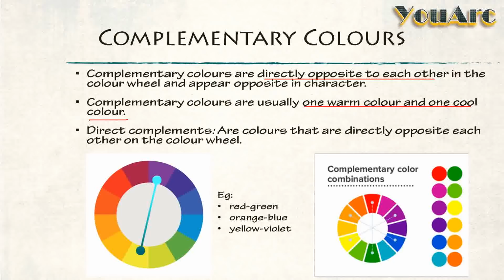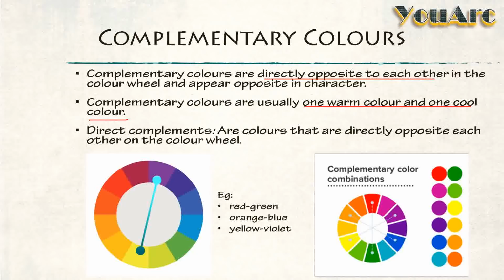They are also called direct complementaries. So three key points here. They are direct complementaries, which means directly opposite to each other in position in the color wheel, and they exhibit opposite character, one warm color and one cool color.